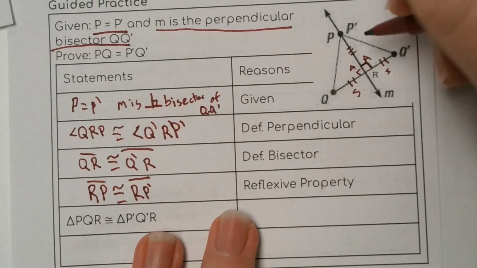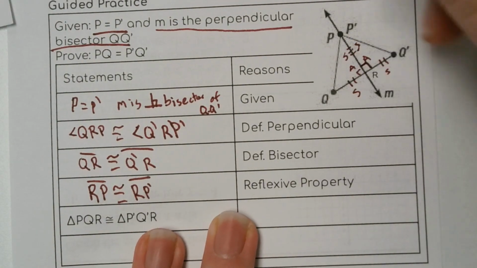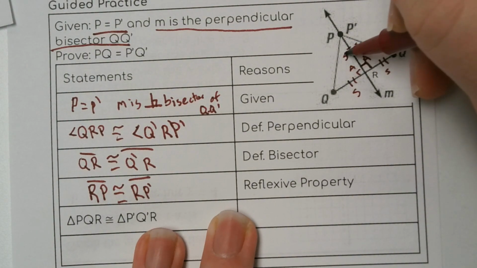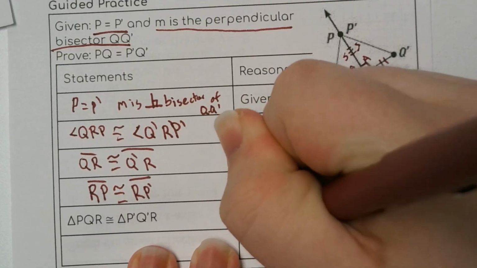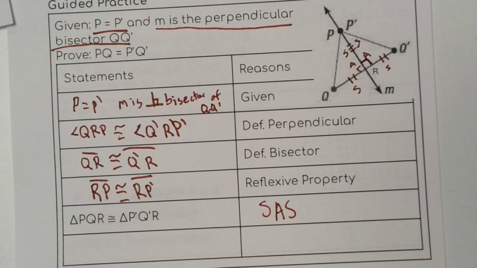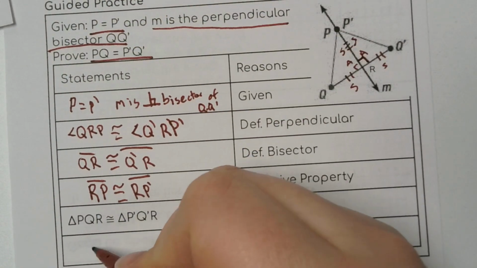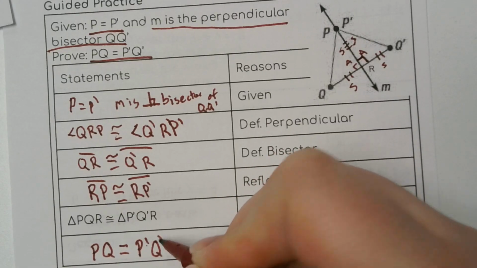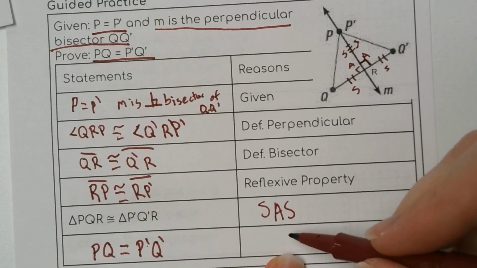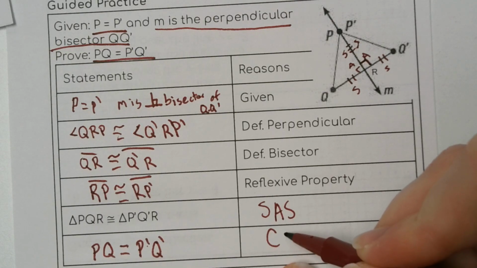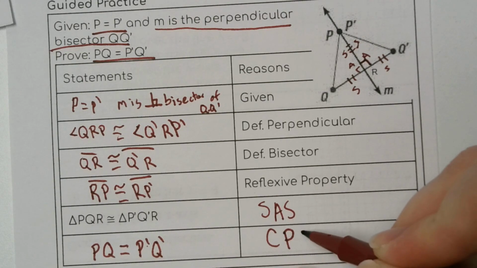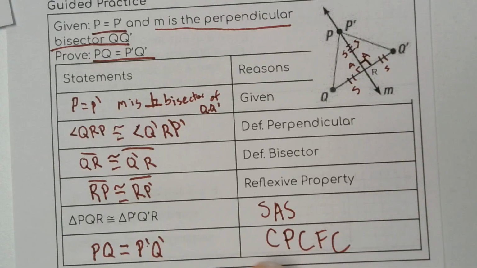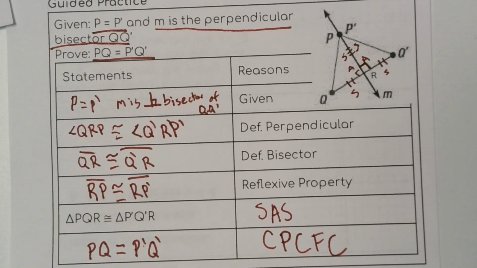So these two triangles are congruent by, if we label it out, SAS. And then what we're trying to prove goes last. So PQ is equal to P prime Q prime. Because, does anyone remember this fancy thing? Was it C? Yeah, C, P. Perfect. CPCFC. Corresponding parts of congruent figures are congruent.